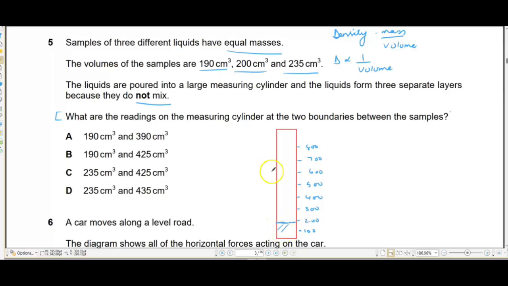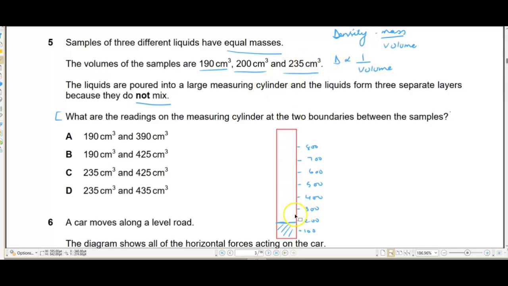Okay, so this is this liquid, and the next is going to be the liquid which is in the middle, 200 centimeter cubes. So this is going to be next because this is after this, and 200 centimeter cube volume is more dense than 235 centimeter cube.